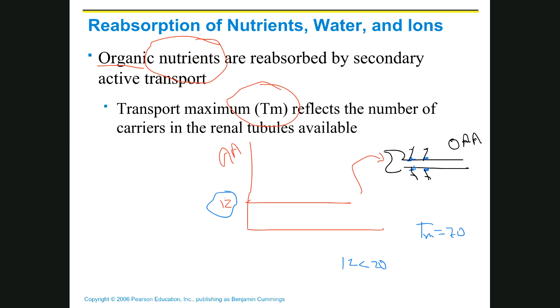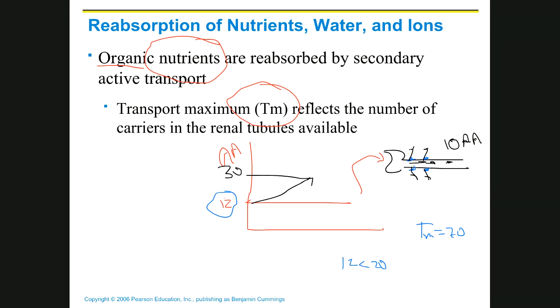Well, what happens if amino acid level goes up and it goes to 30? What's going to happen to all those extra above 20? They're going to zoom on by, and I'm going to wind up with how many in my urine? I'm going to wind up with 10 in my urine.